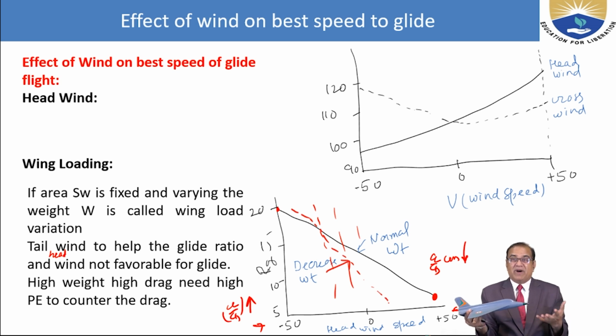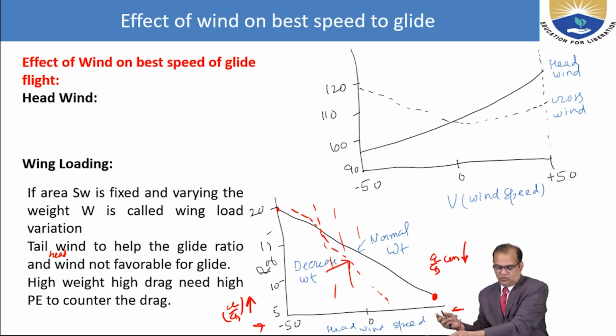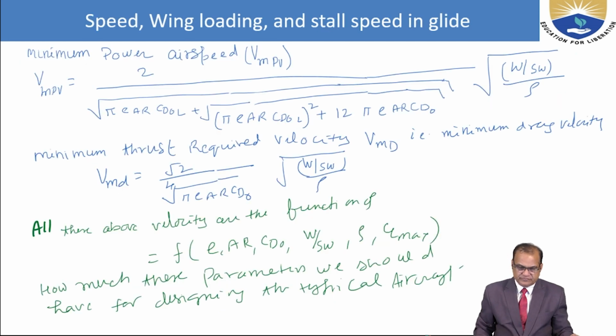If you have a tailwind of 50 knots, you can go up to 20 CL by CD. But with a 50 knot headwind, it may be somewhere 4, 5, 6, as shown in the plot here. That we have to understand.